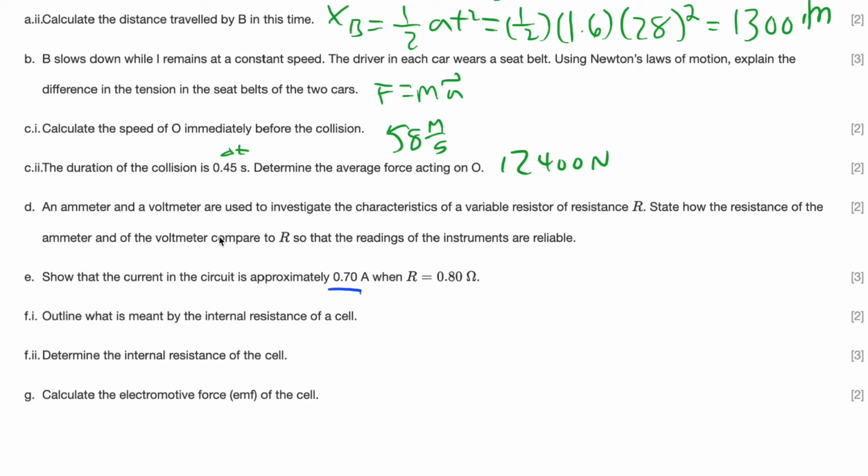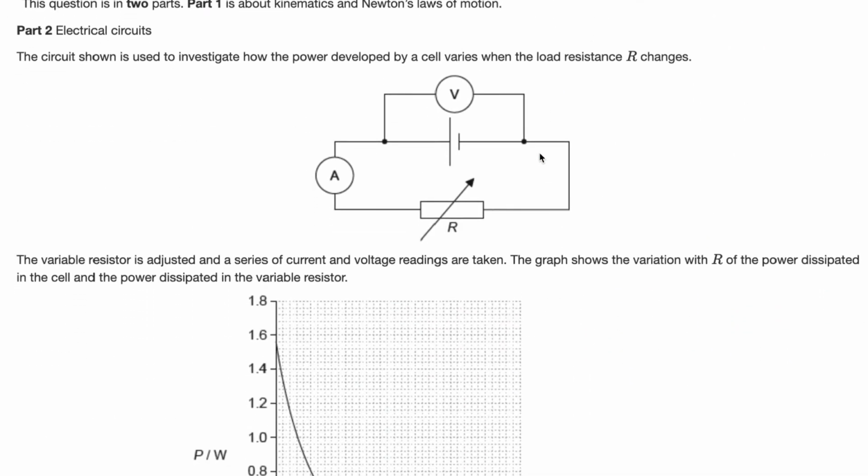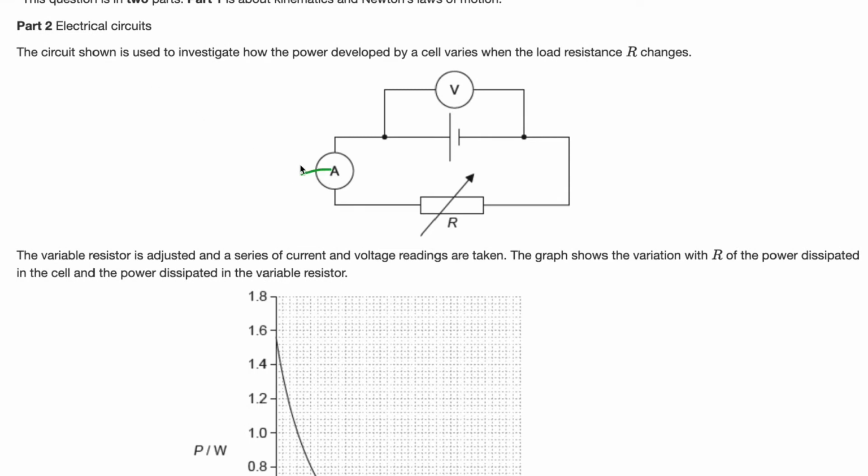So an ammeter and voltmeter are used to investigate the characteristic of a variable resistor R. Say how the resistance of an ammeter and voltmeter compare to R, so the readings of the instruments are reliable. So for the ammeter, it has to have a resistance of 0, because we want to measure current in the circuit by using an ammeter.